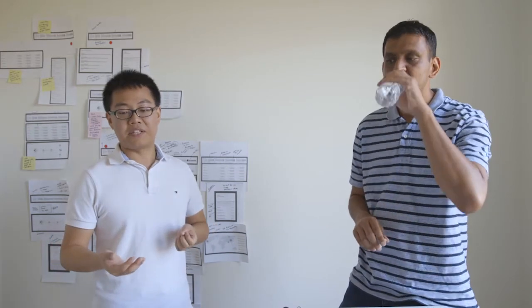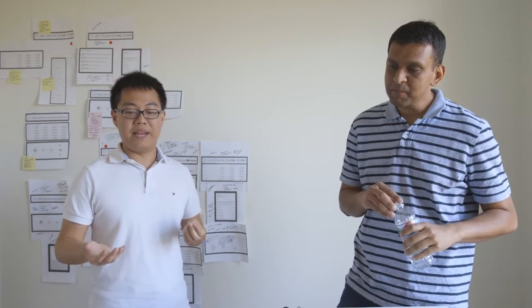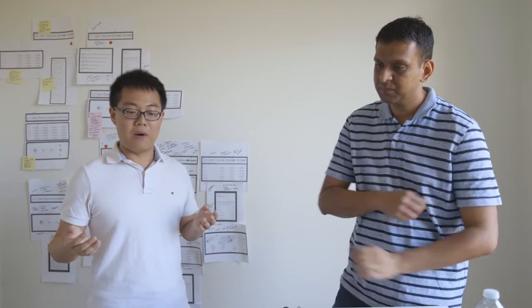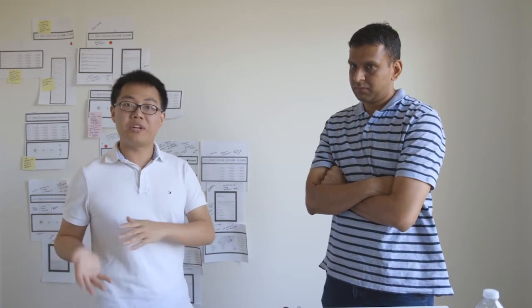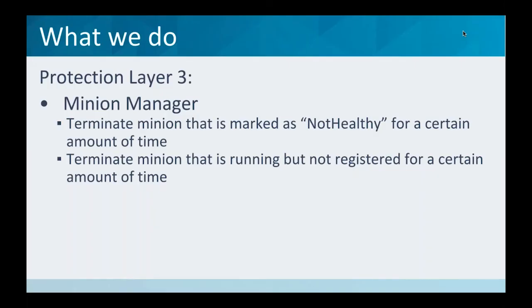The second thing is that sometimes there could be races when we boot up the node. We harden that part as well, but if the node fails to boot up, it won't even register to the master. That means the autoscaling group in AWS has this node, but Kubernetes does not know it has one more node to use. In that case, we're still wasting money, so we terminate that node.